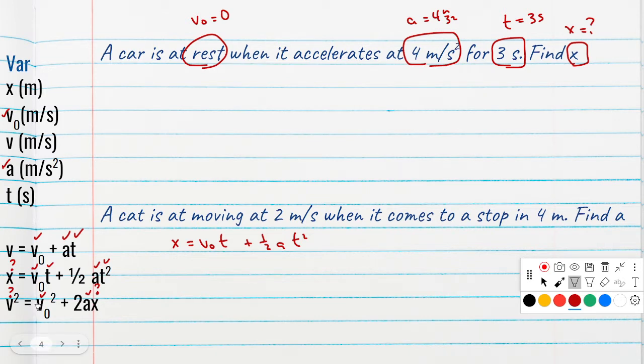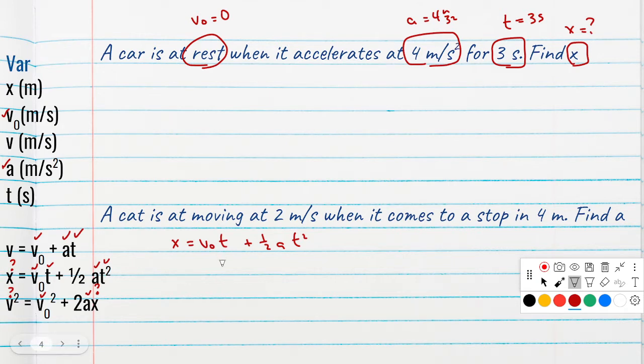You can't solve an equation that has two unknown variables. So that one's no good. The math doesn't even work on that. Now I could come up here on this first equation, solve this one for V, and then bring that down here. But see how the second one does it in one step instead of the two steps? So the easiest way is just to grab that second formula and run with it.